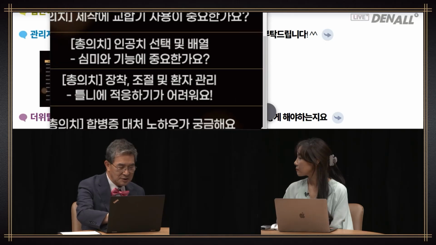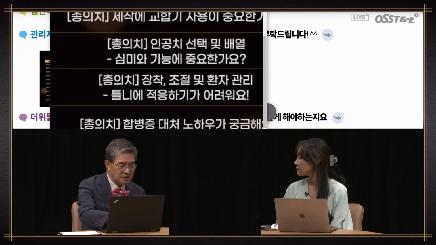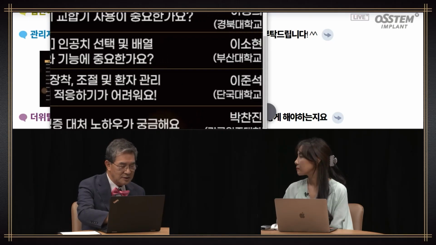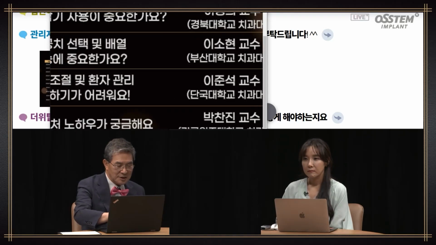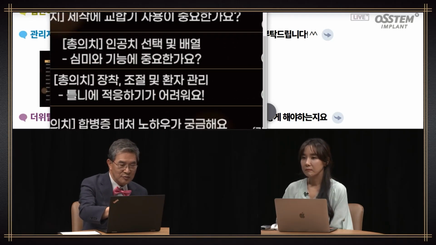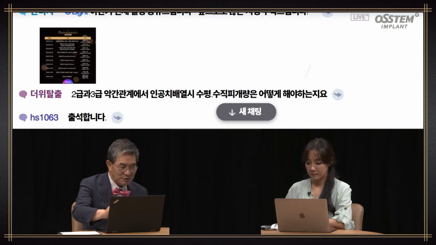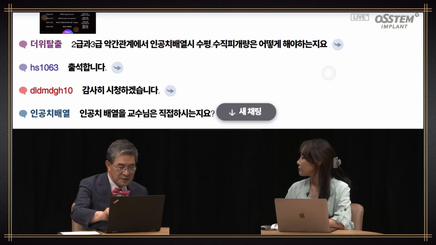It will be spoken by Professor Lee Jun-seok of Dankook University on the 25th of August. Complete denture complications will be spoken by Professor Park Chan-jin. So in August, 2 speakers will talk about the complete denture on the 4th and 25th of August.